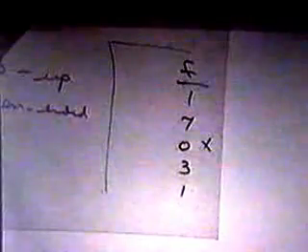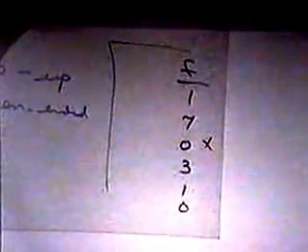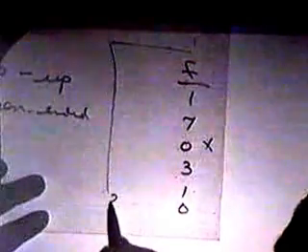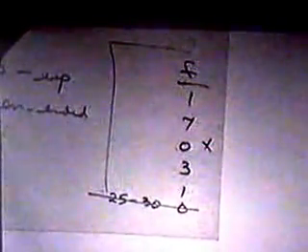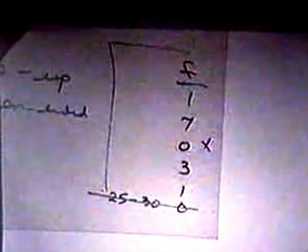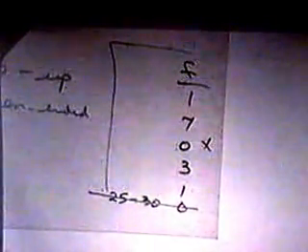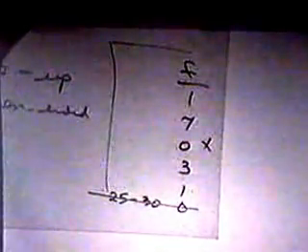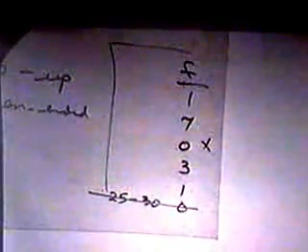Sometimes that empty class is at the very top or the very bottom. If you have an empty class down here at the bottom, that just means you should not have even listed this last one. You didn't need it. But if the empty class is in the middle, you may have to adjust your interval so that you do not have an empty class. There should be at least one frequency in every class.